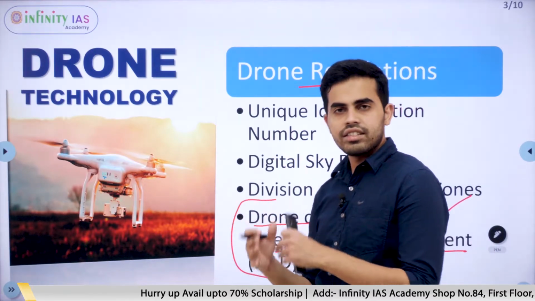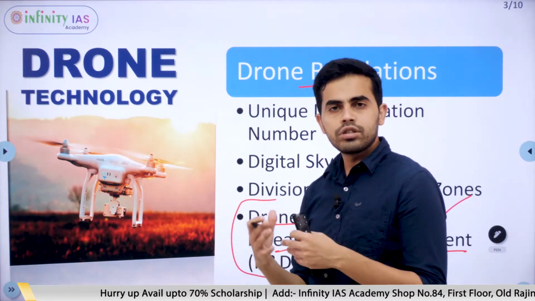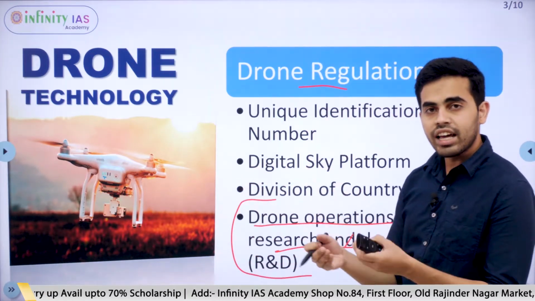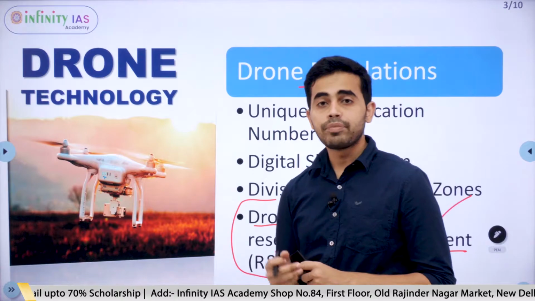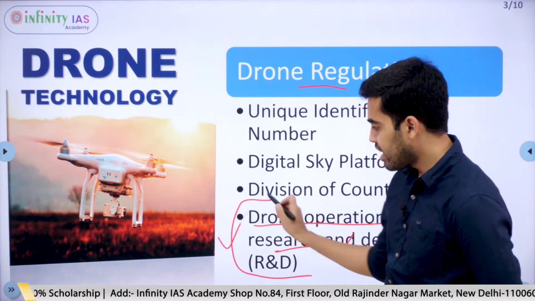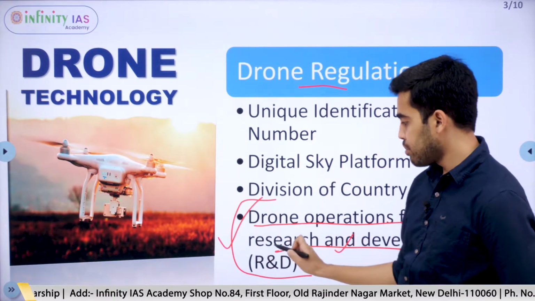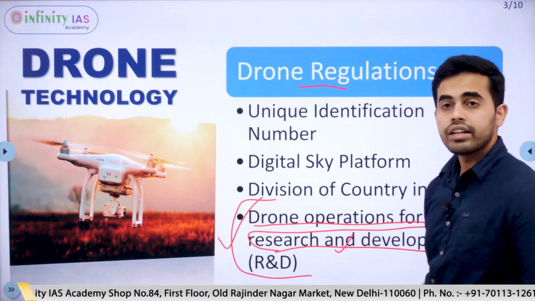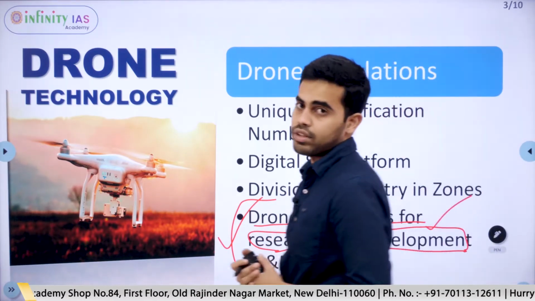That is, if it is developing a new drone and it wants to take a test flight, it need not go and register every time it wants to test a new technology. So this waiver of registration or permission for research and development will help in Atmanirbhar Bharat scheme as well.